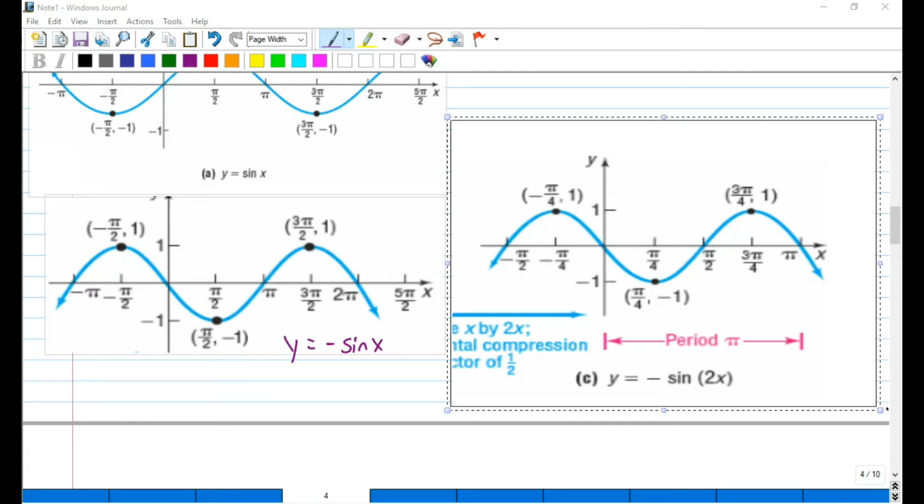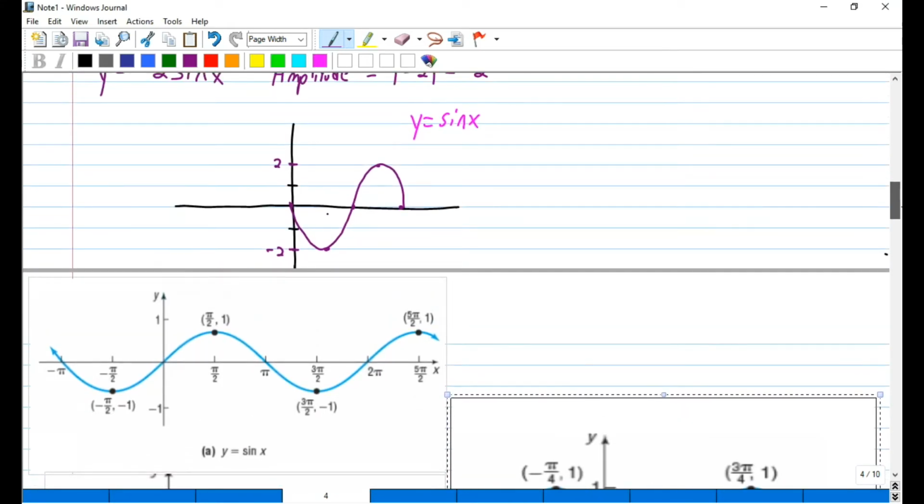Well, there is a way to figure out how to graph this by just using significant points. So significant points for sine and cosine are places where the graph either crosses the axis or has a high point or low point.